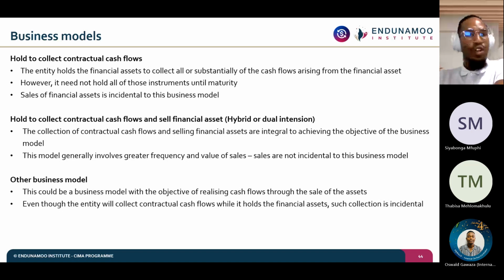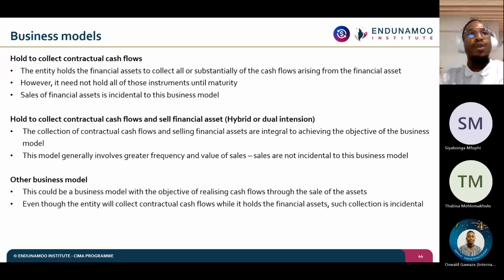In this portfolio, the selling of these financial assets is incidental to the business model, meaning you don't necessarily sell these as part of your business model. If it happens that, for instance, one or two debtors out of 100 debtors in the portfolio have an increase in their credit risk, and you decide, you know what, I'm not happy with the credit risk that I'm now being exposed to, let me sell off these two debts to a debt collection agency, then that is incidental to the business model.